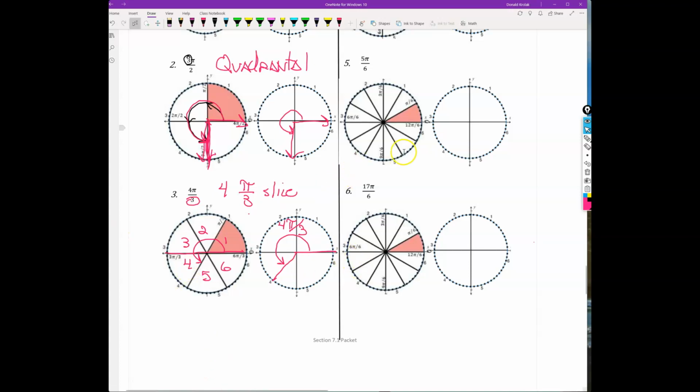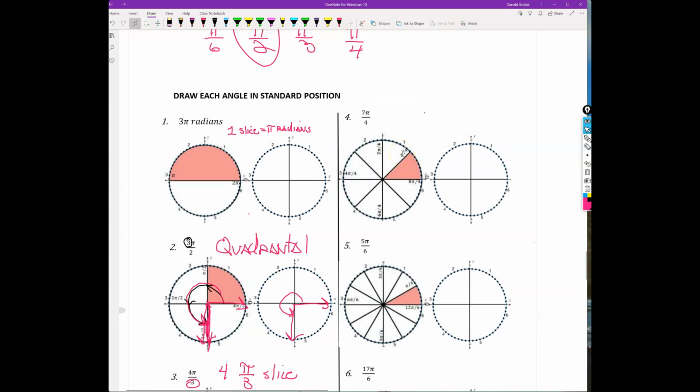So the bottom number tells you how many slices to cut half of the circle into. Take half of your circle and cut it into 4 equal pieces of pie. So that means altogether the whole pie would serve 8 people.